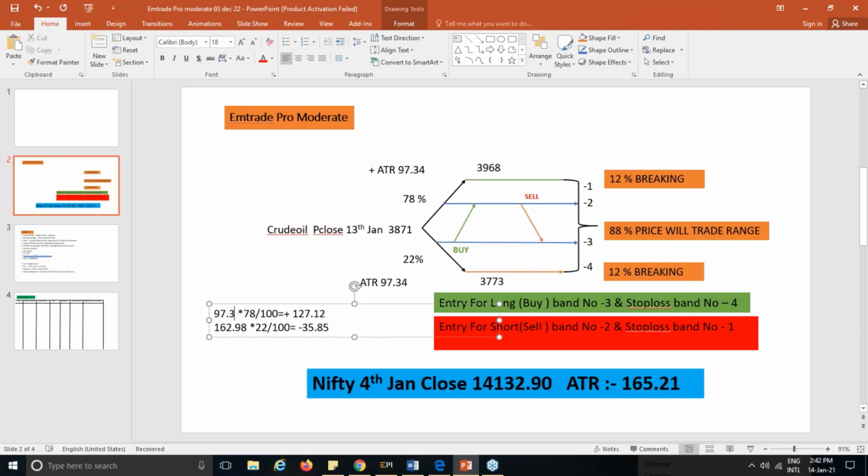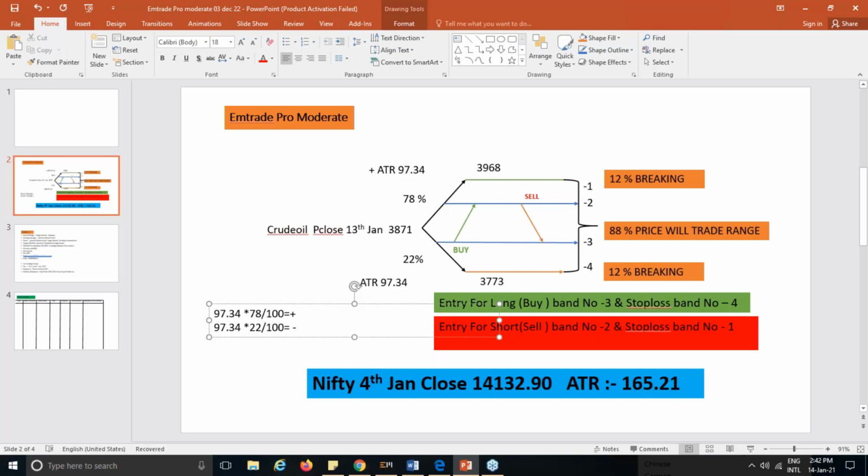Now I want to add 78% of that 97.34, and minus 22% of 97.34. We manually calculated the percentage, but you do not have to do this every day.